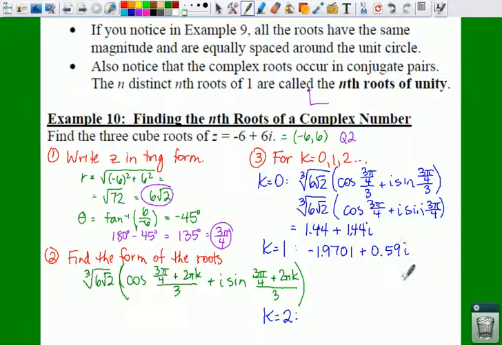And when you get k equals 2, you're going to plug in these values. You get a 0.53 minus 1.97 I.